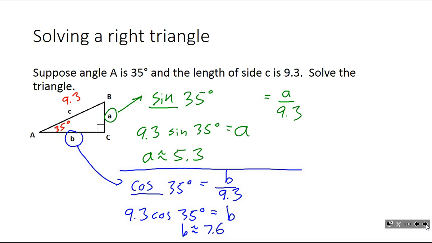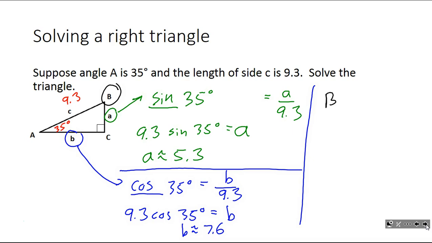What don't we know? Well, it looks like at this point we have not determined the value of angle B. So let's get that. We don't really need trig for that. We know that with a right triangle, for that matter any triangle, the angles add up to 180 degrees, and we already know one's 90 and one's 35.